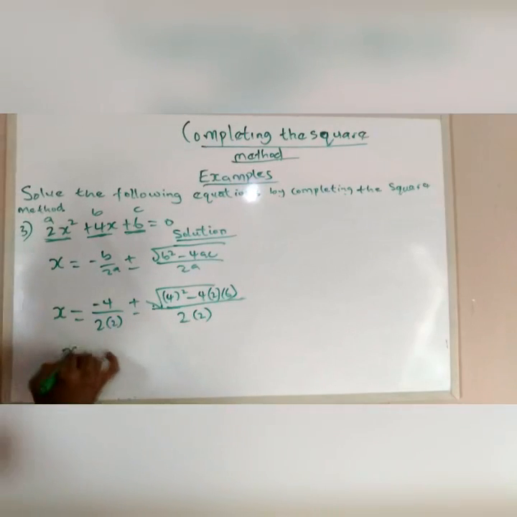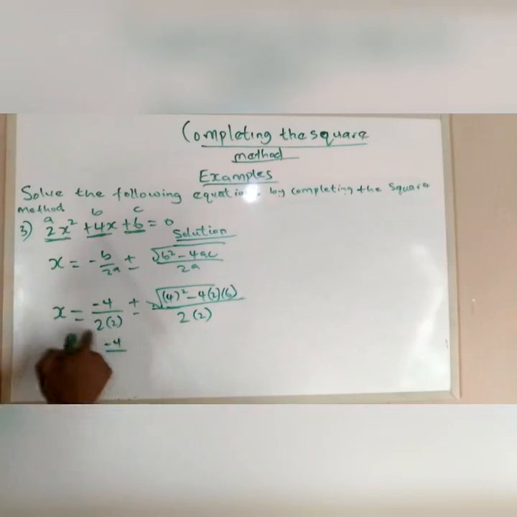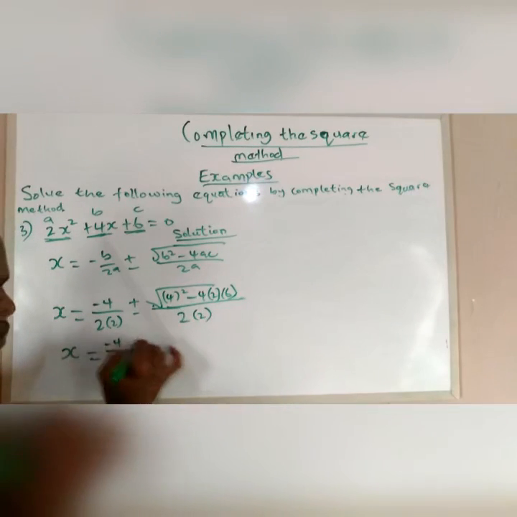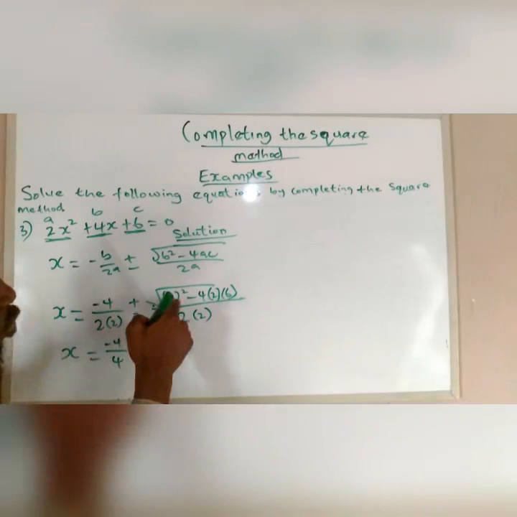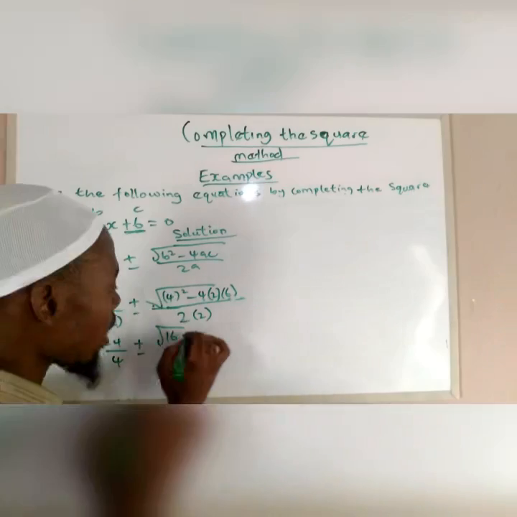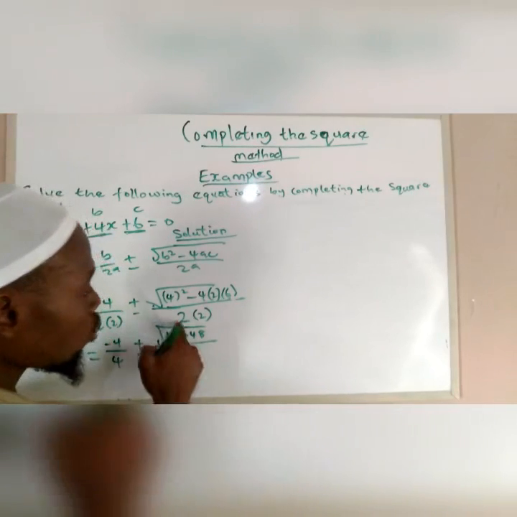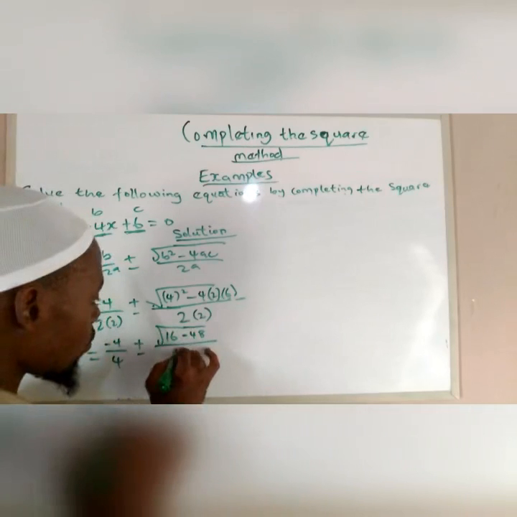So here now you have x is equal to minus 4 divided by 2 times 2, that is 4, plus or minus root of 4 squared, that is going to give us 16, minus 48, divided by 2 times 2, that will give us 4.